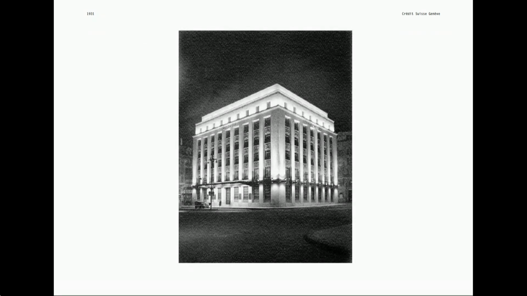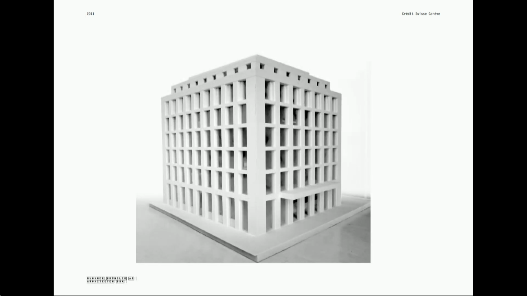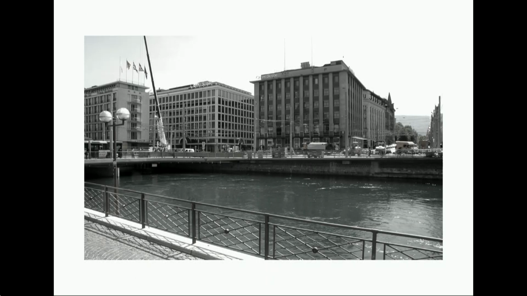So when we entered the competition, we were searching for old material, and we found these old images, and we thought, although the house is completely different, maybe we can find a way back. So this is the scheme. We clarified the structure, and you see this in the following images.